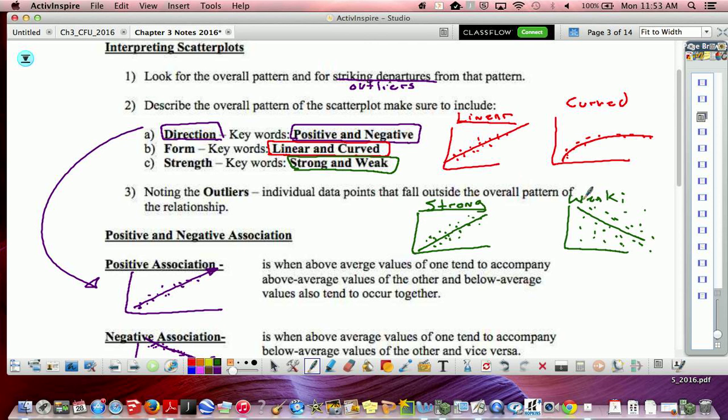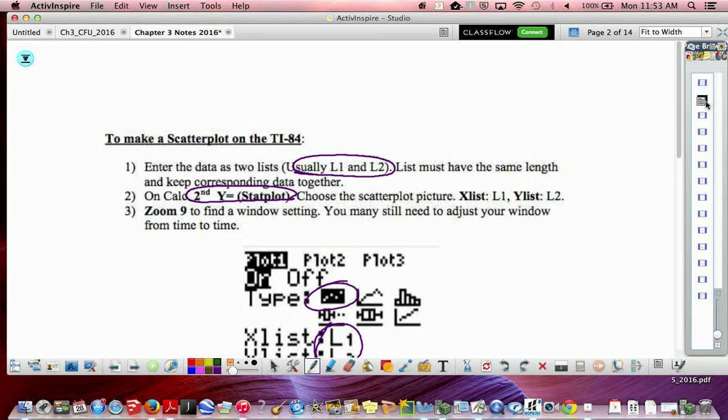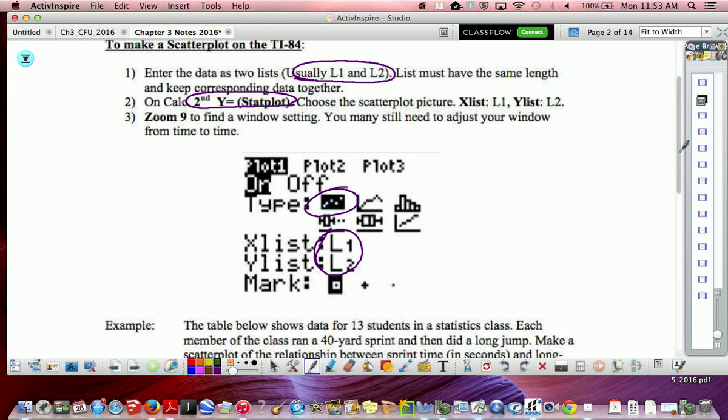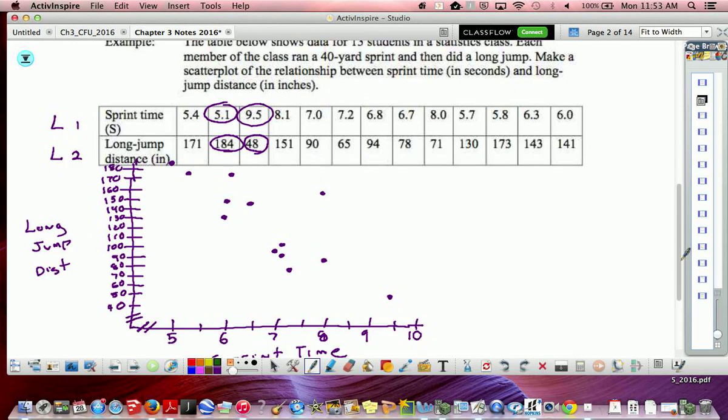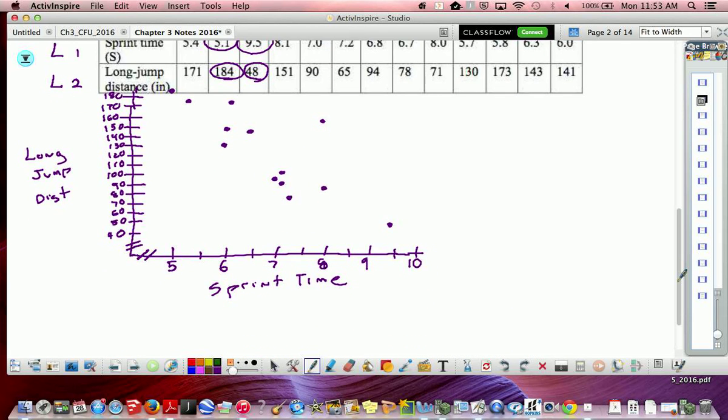So, if I go back to our previous problem on page 2, if we were to describe the direction, the form, and the strength of the relationship between a student's sprint time and their long jump distance, how I like to start is with the strength.